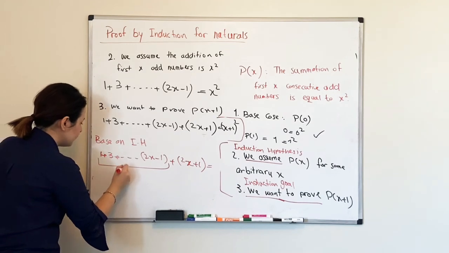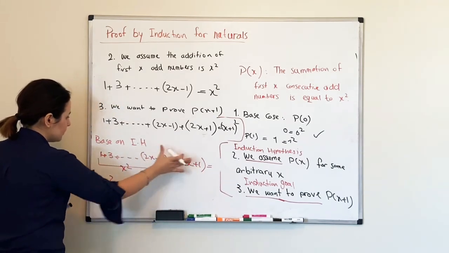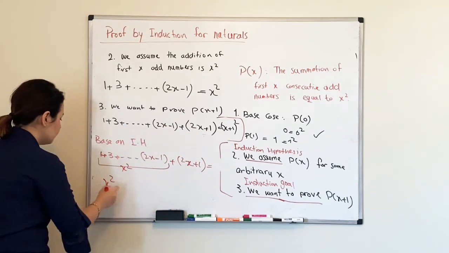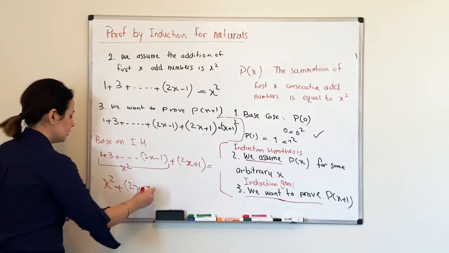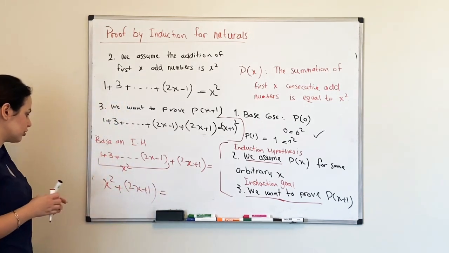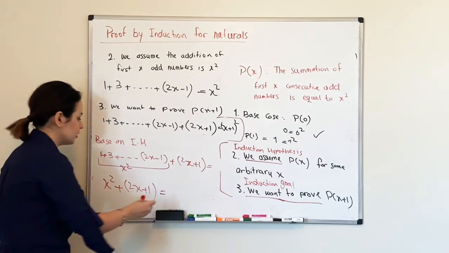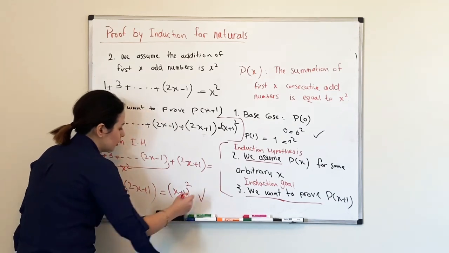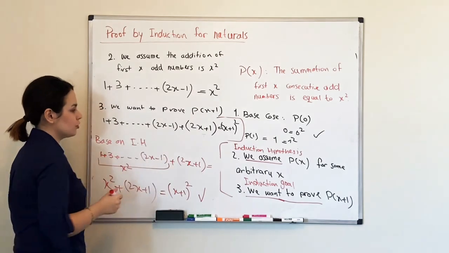We have it as x squared. Based on the hypothesis, the summation on the left hand side of my statement is x squared plus 2x plus 1, which is really easy to see is x plus 1 squared. And we are done with showing that P of x plus 1 is true.